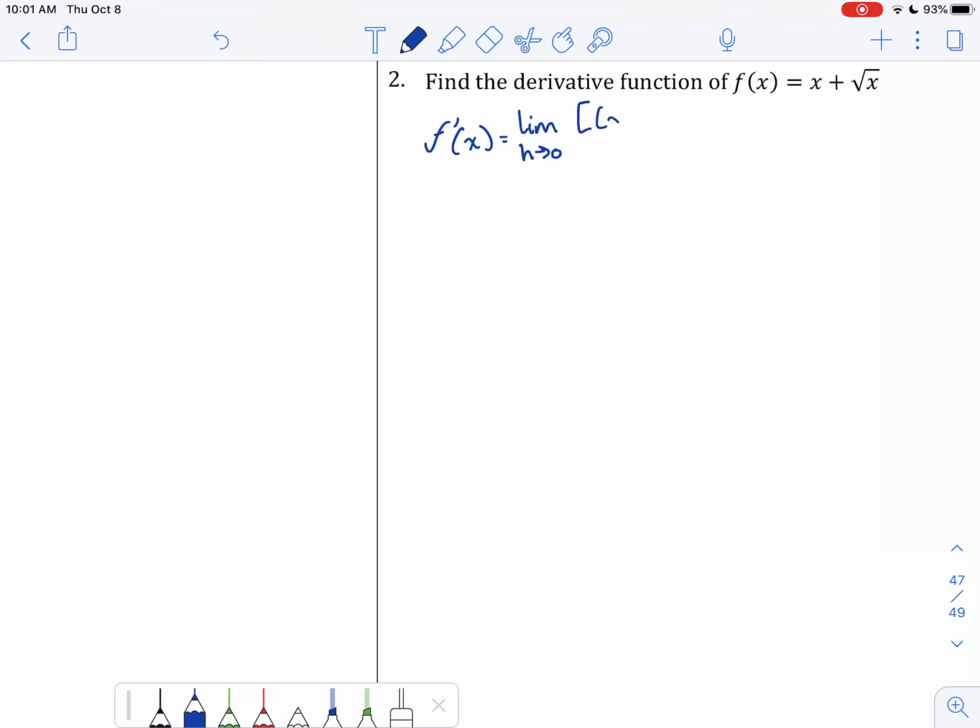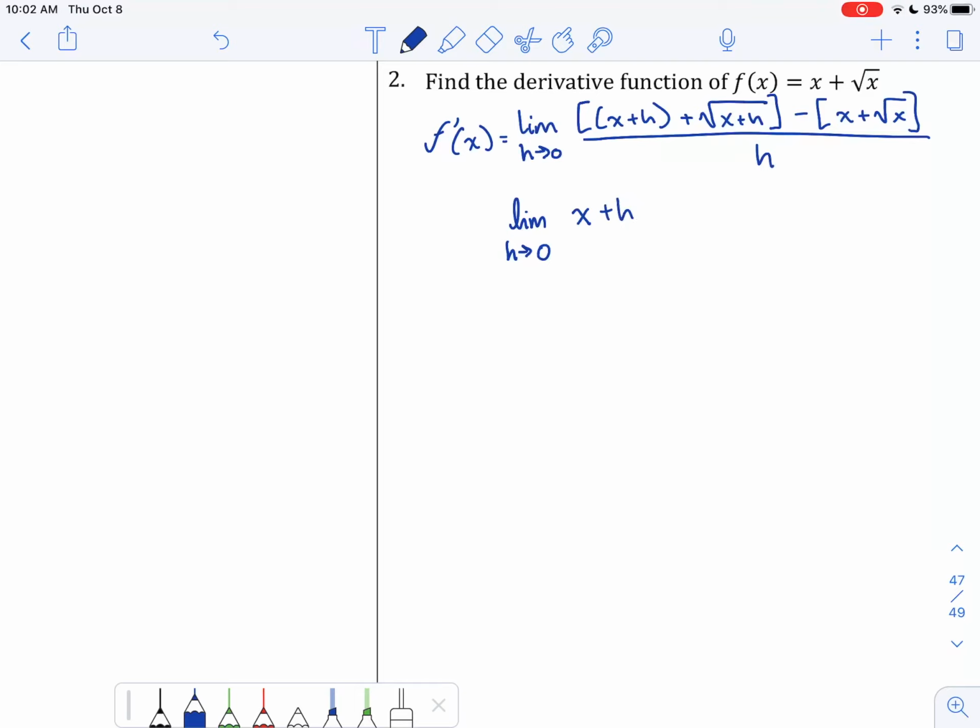So x plus h for that first term plus root x plus h, and then minus f of x, which would just be x plus root x, all over h. Now, as usual, the first thing we want to do is simplify that numerator with the subtraction.